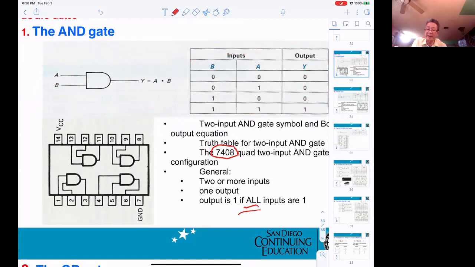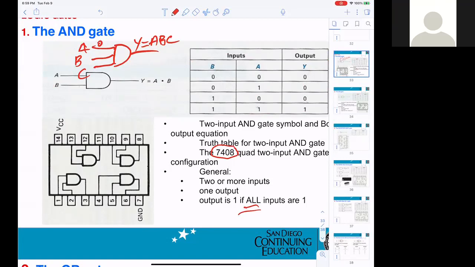If I get this and get here, A, B, C, and the output Y will be equal A and B and C. If I say A equals 0, what output? 0.